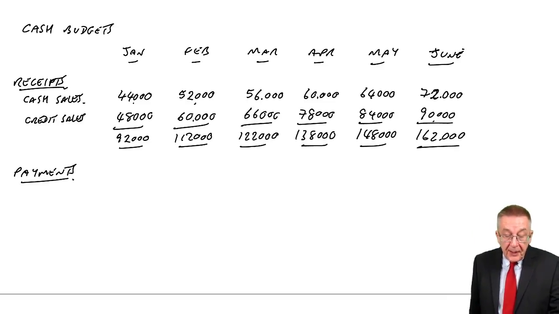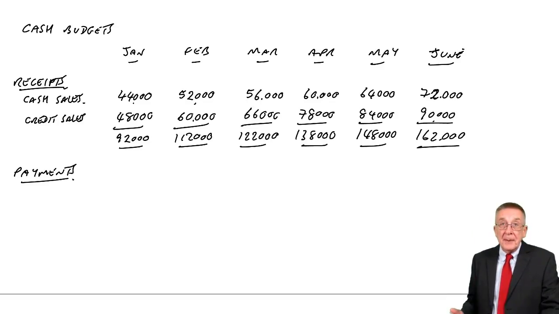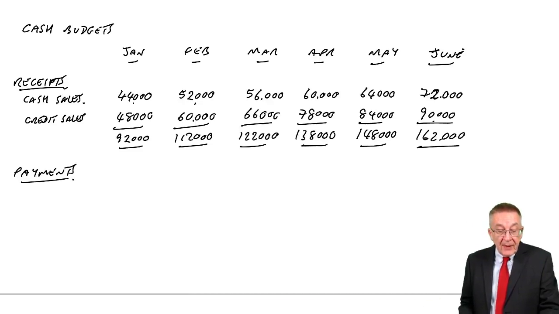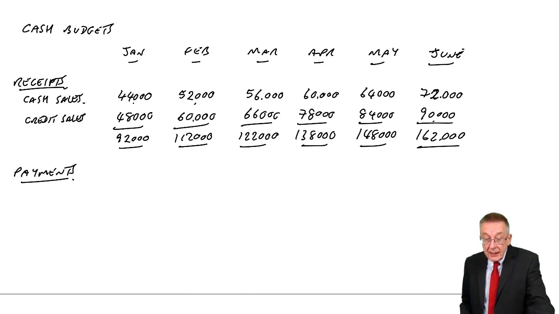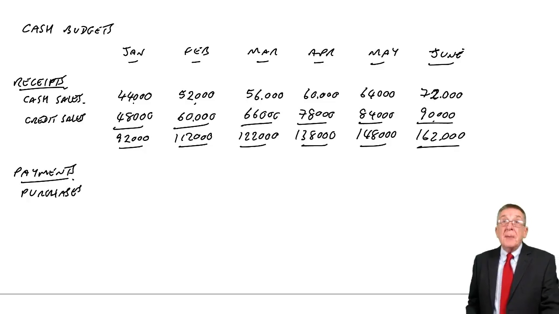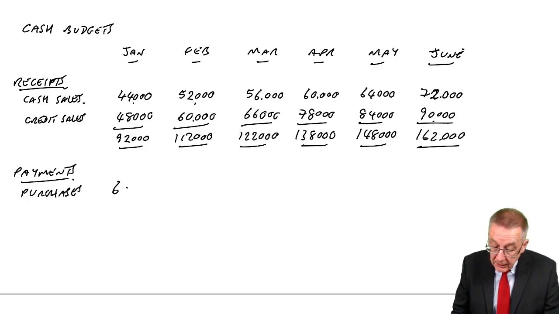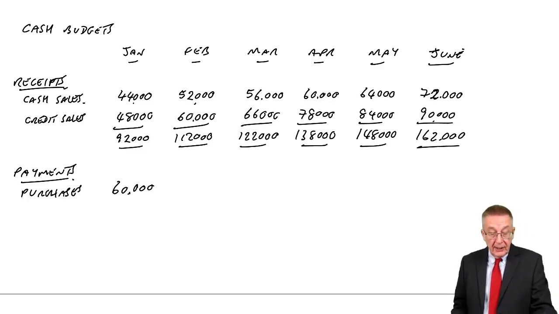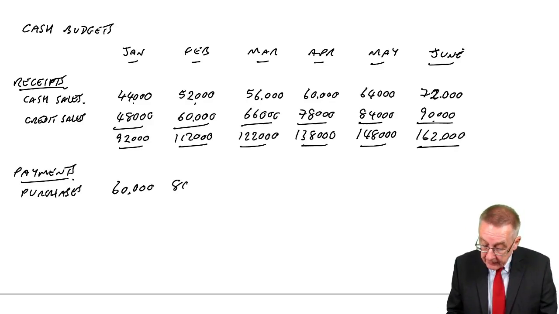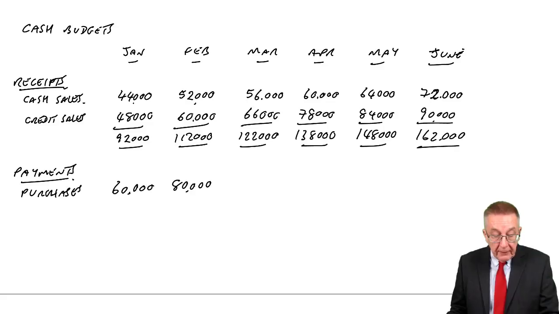November's purchases will be paid for in December, but we're only doing January to June. December's purchases paid 1 month later will be in January, so we'll pay 60,000 in January. January's purchases of 80 will be paid for in February, and so on.